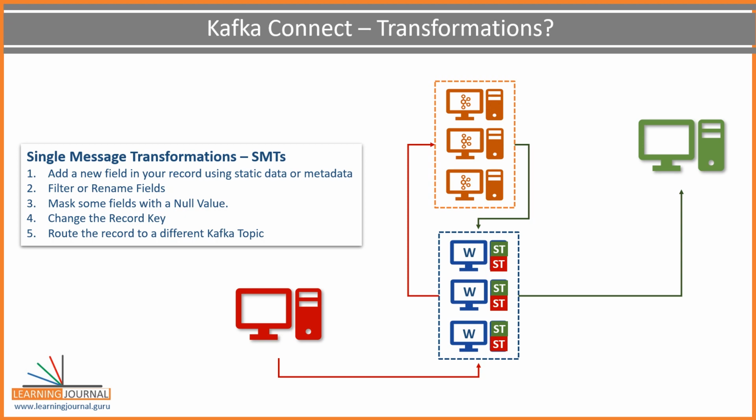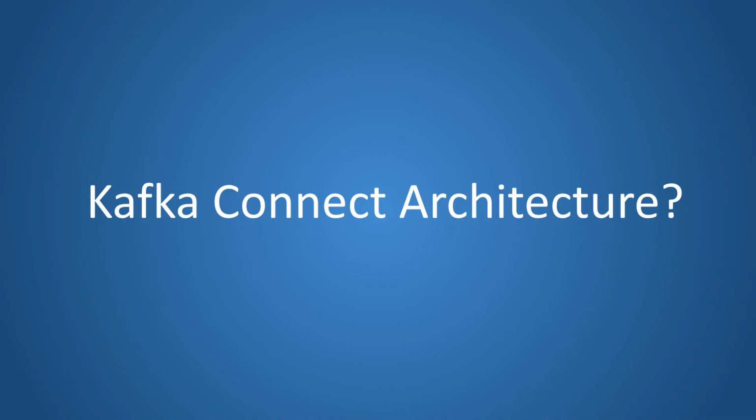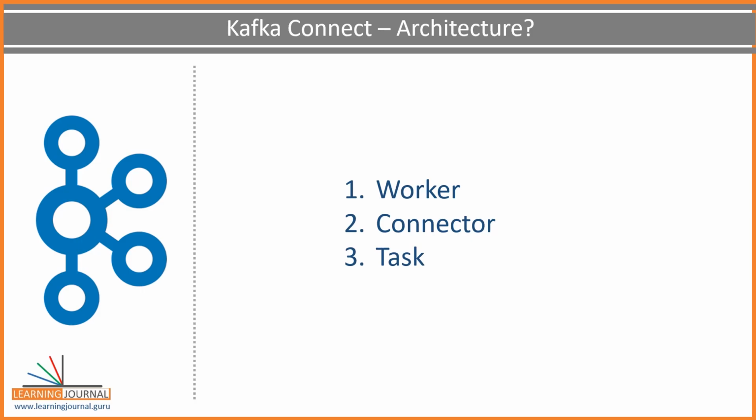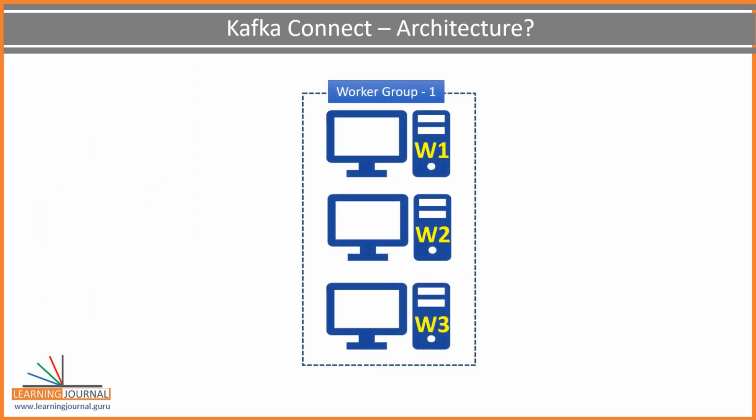Now let's come to the concluding part. Kafka Connect architecture. How does it work? To learn the Kafka Connect architecture, you have to understand three things: worker, connector, and task. You already learned that Kafka Connect is a cluster and it runs one or more workers.